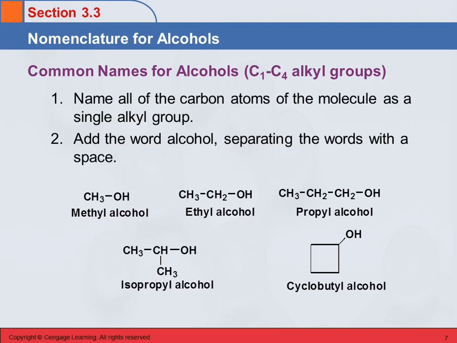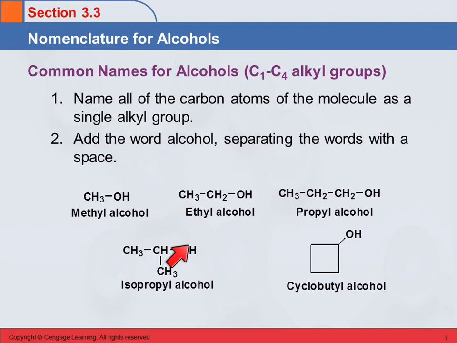So this is looking at it more as an alkyl substituted water molecule. So here's methyl alcohol. This is a methyl group, and the OH is alcohol. Ethyl alcohol. So we're naming the alkyl group. This is ethyl. There's propyl alcohol. So there's the propyl group.